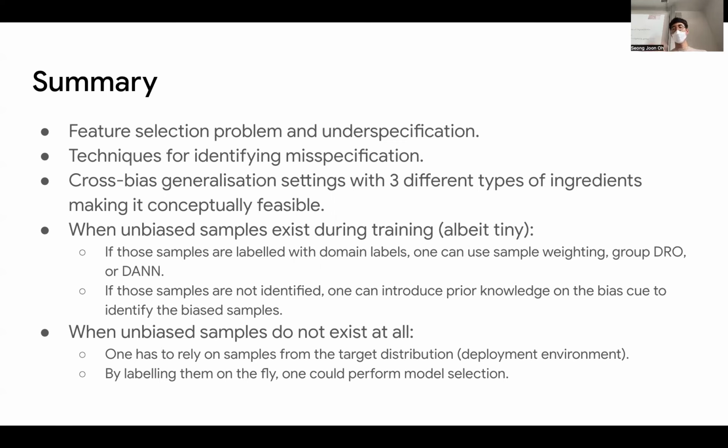Then you can put different weights on these samples or use group DRO or domain adversarial neural networks. If they are not obviously labeled, but if there's a way to use your prior knowledge of those samples to detect them, then you can also use this detection method and then put different weights on them. If there are no unbiased samples, you can also rely on multiple hypotheses and then try to choose the right model at test time.